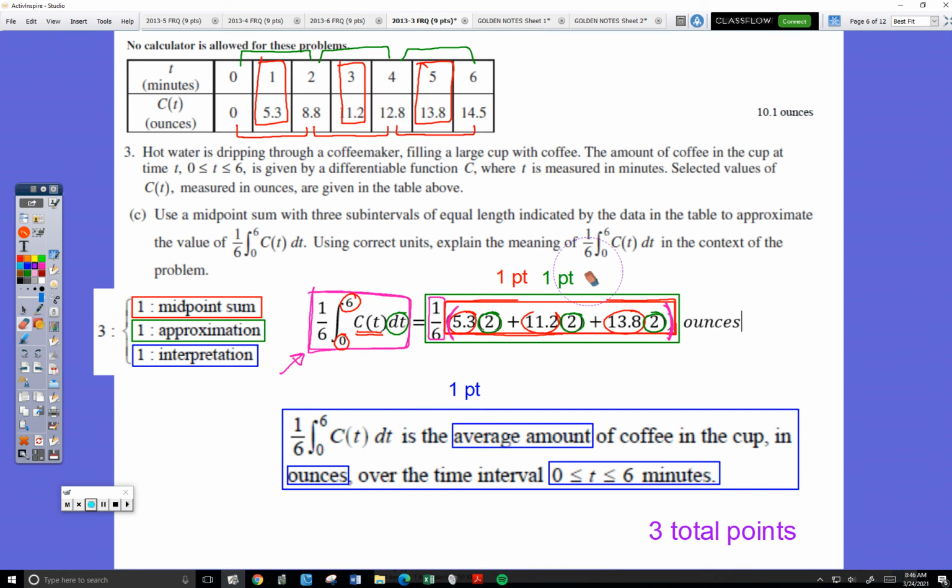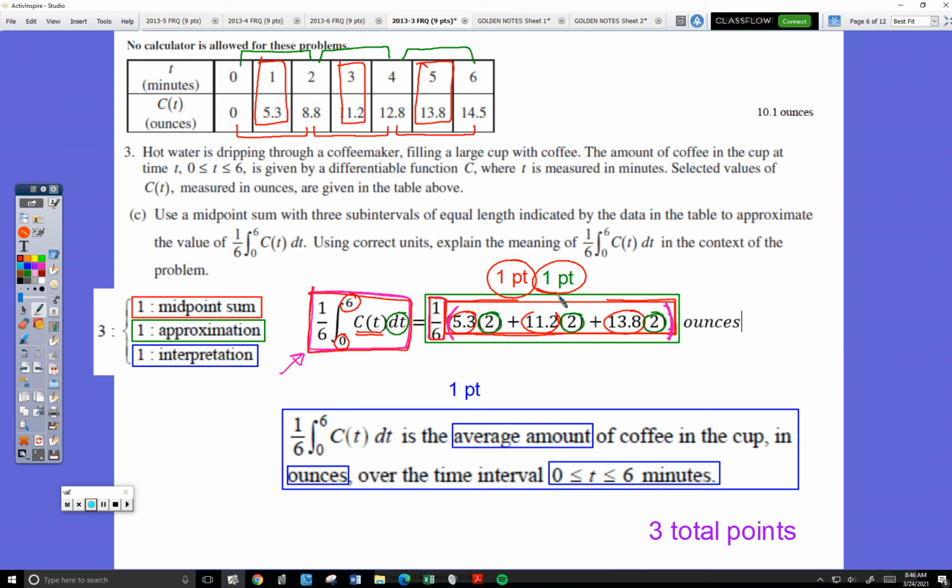So that's the stuff in the red box. If you have the Riemann sum correct, and then you remember that since you're finding this integral, you must also include the 1/6, then you would get the second point. If your Riemann sum is wrong, you're not going to get that second point.